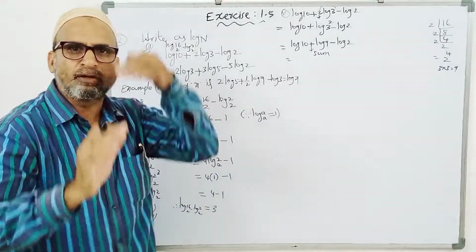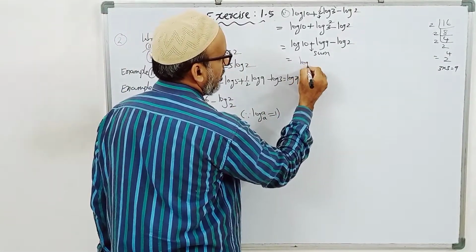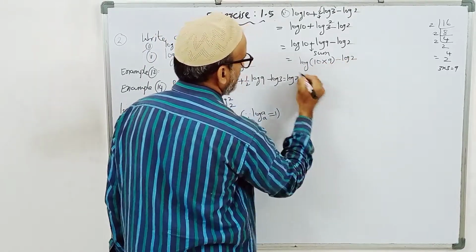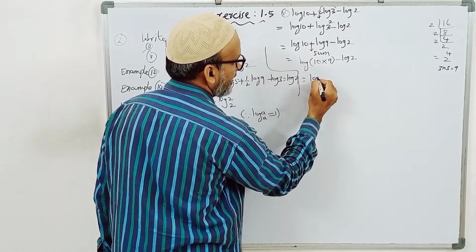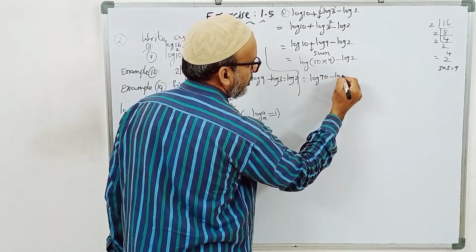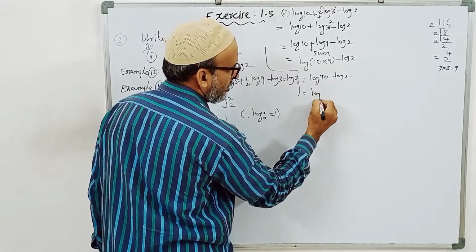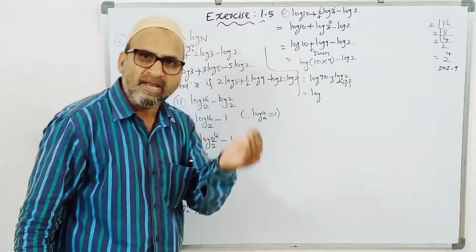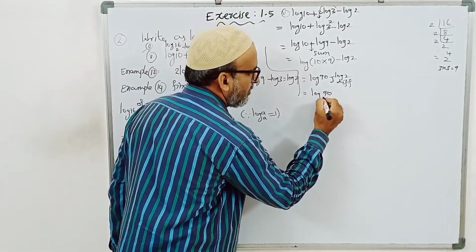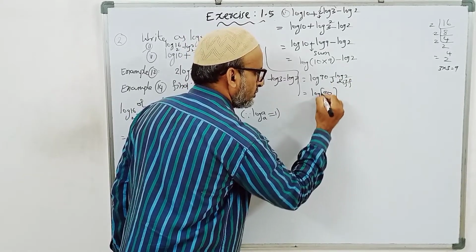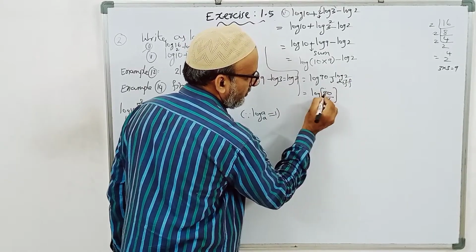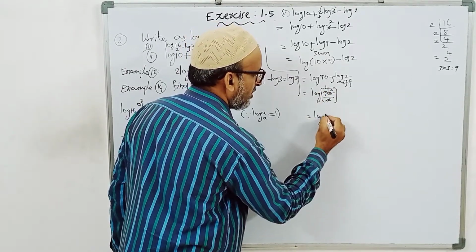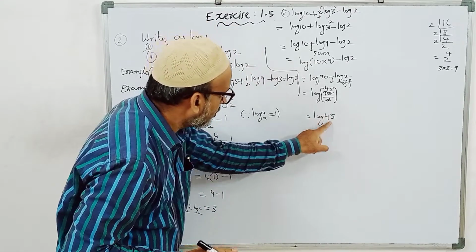Plus means sum will be converted into product: logarithm of 10 into 9 minus logarithm of 2, which is logarithm of 90 minus logarithm of 2. Difference will be converted into division, so logarithm of 90 by 2. 2 1s are 2, 2 4s are 8, 1 remainder, 2 5s are 10, so it is equal to logarithm of 45, a single logarithm.